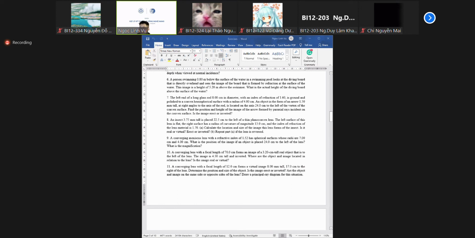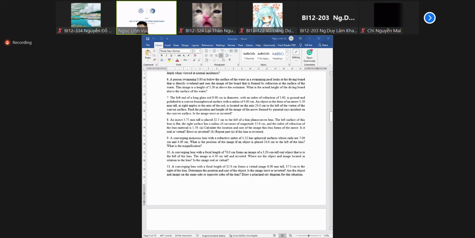You combine the lens maker equation and the thin lens equation. You get the distance from the object to the lens is 14.2 centimeters. Using that, you calculate the magnification. And then you use the fact that the magnification of the lens is equal to minus S prime over S, right?